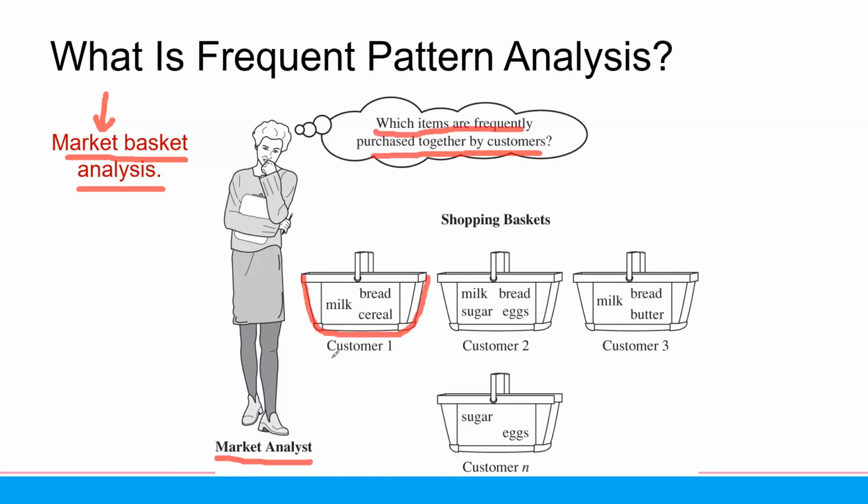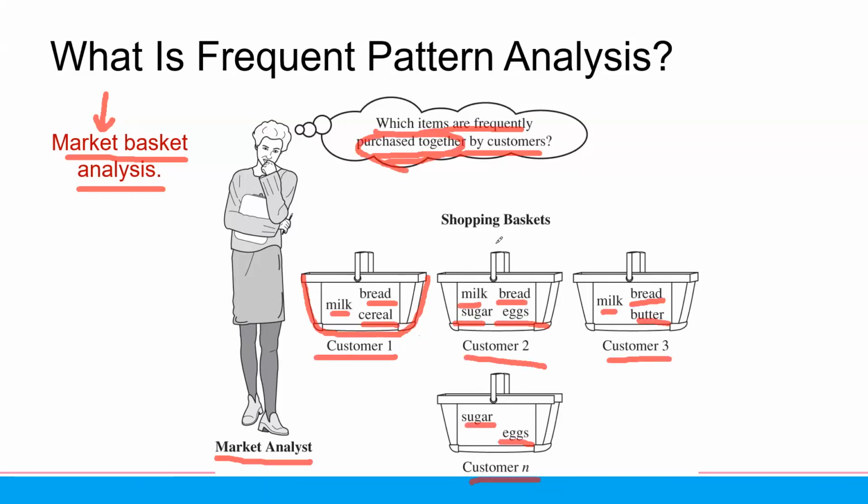If you are customer one, you can check the items are milk, bread, and cereal. The other customer two bought milk, bread, sugar, and eggs. Customer three bought milk, bread, and butter. Customer N bought sugar and eggs. So, what items are frequently purchased together?